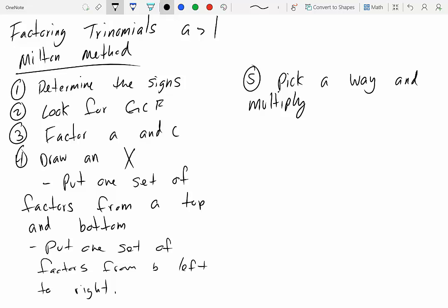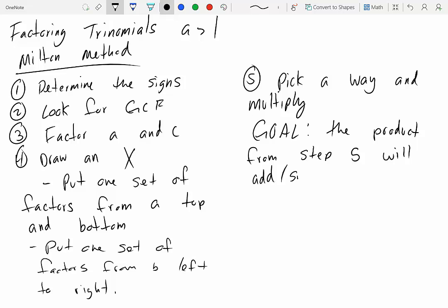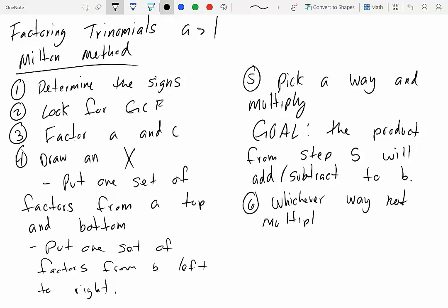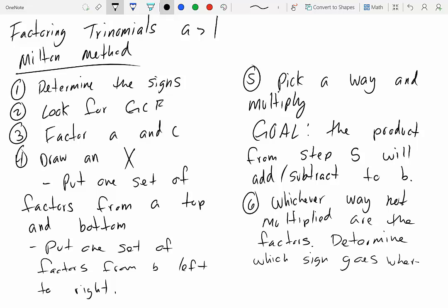And after we pick a way and multiply, our goal is that the product we get will add or subtract to B. And our last step is whichever way not multiplied are your factors, and then we're going to determine which sign goes where.